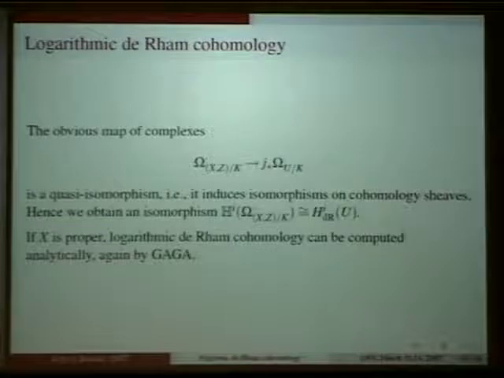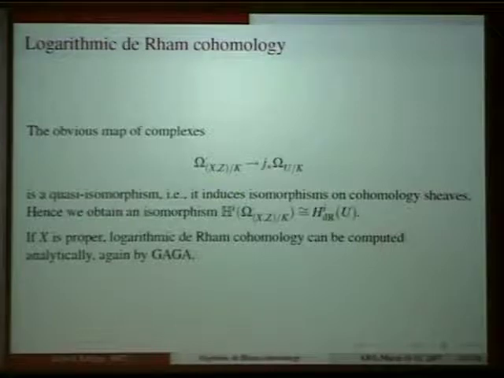You can just throw away Z and you get actual differentials, because the only bad stuff happens at the divisors in Z. You're not allowed to divide by anything which vanishes somewhere outside Z. So on U, the complement of Z in X, you have honest differentials.